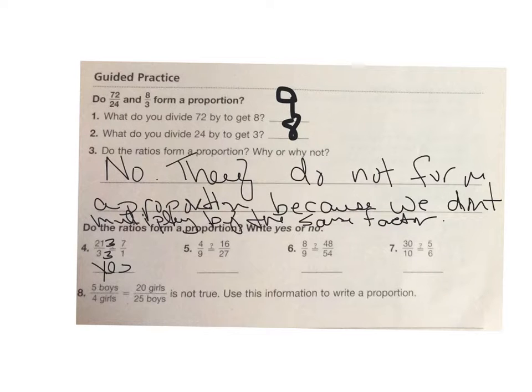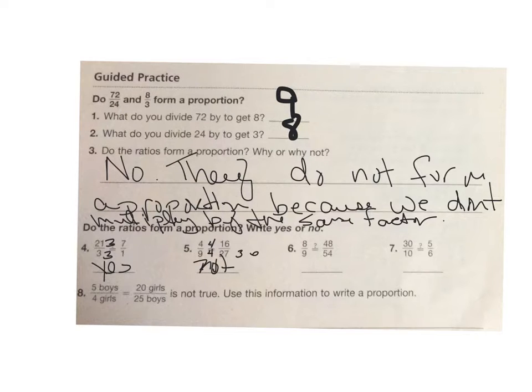What about 4/9 and 16/27? If I multiply 4 by 4, I get 16. But if I multiply 9 by 4, I get 36. So this is not a proportion.